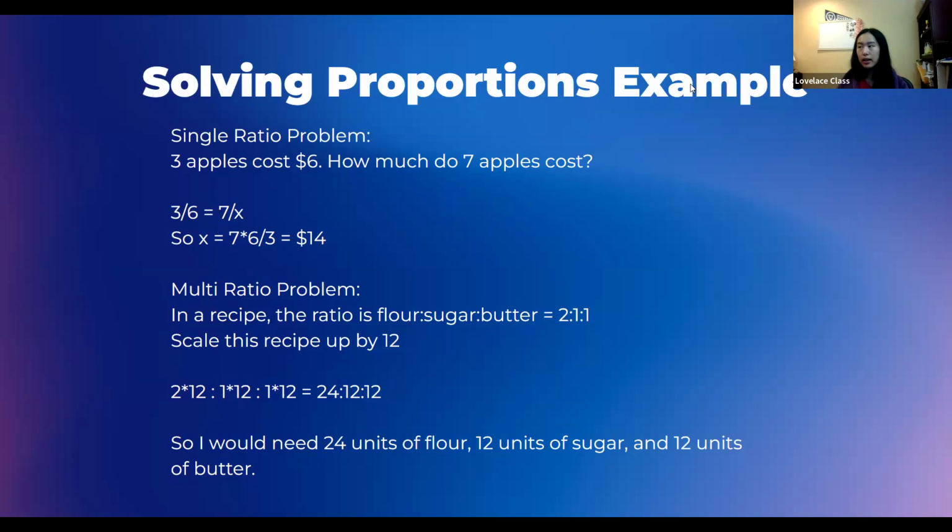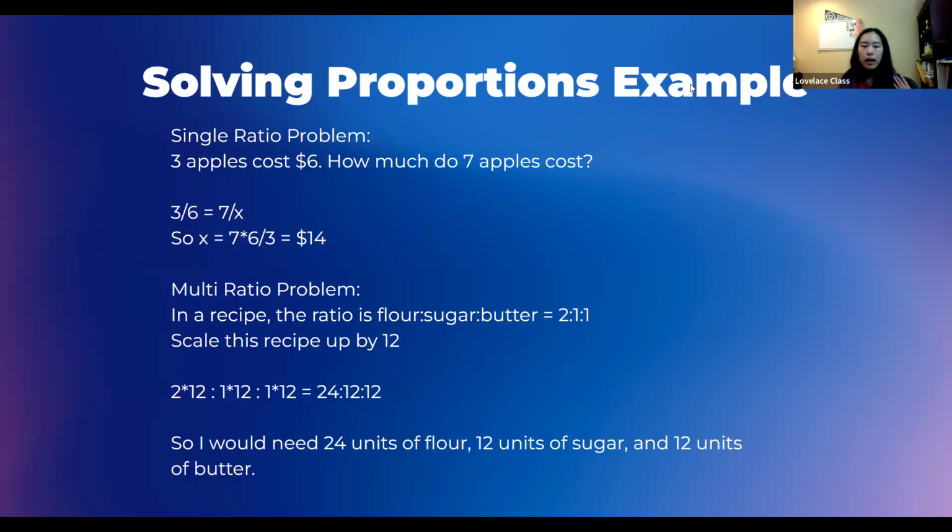This will go into the equation solving that we learned. But how we want to approach this is that we have 7 apples, so we don't know how much it costs. We can use a variable like x to say it costs x dollars. So how do we set these two equal?